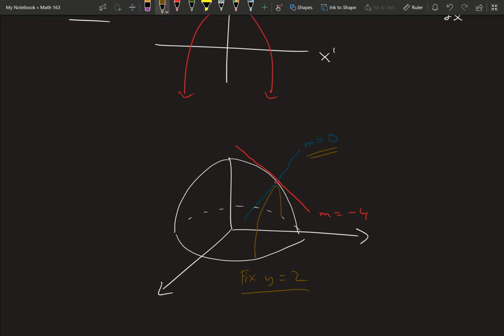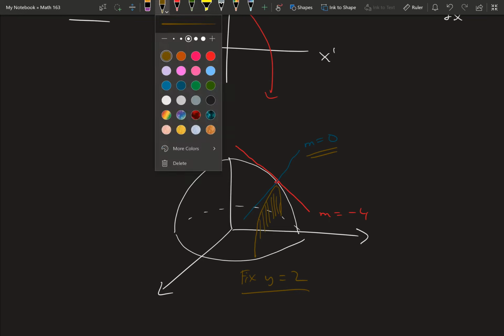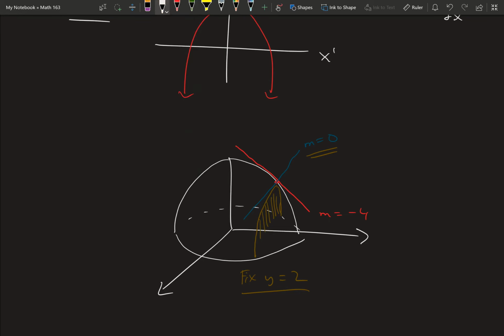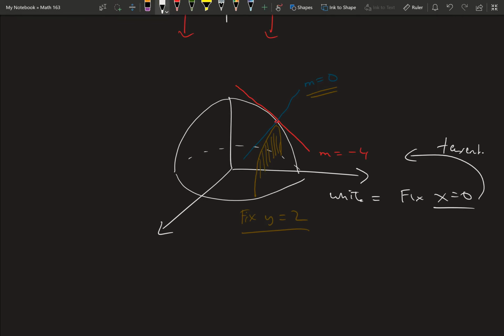Okay. All right, so I hope you see what's going on here. There's this plane, which is fixing y equals 2, and then there's tangent to that, which is the blue line. Then there's the white line. This white curve is essentially when you fix x equals 0, and tangent to that is the red line. So these are tangent lines, and we'll see this in the next section.